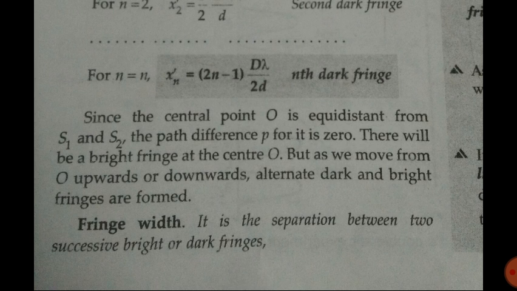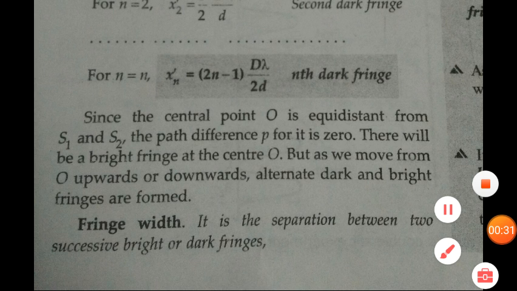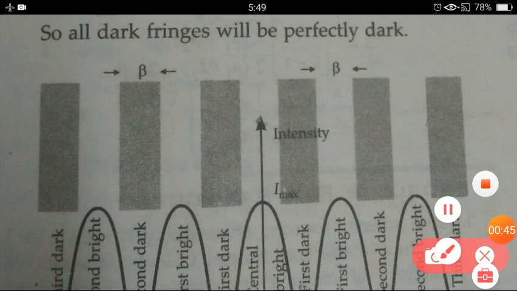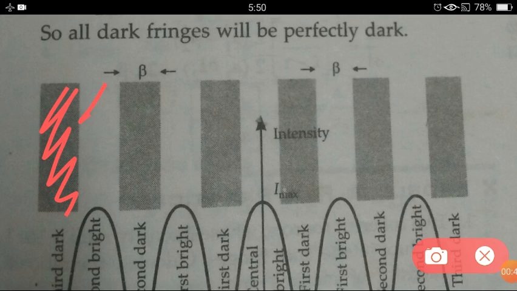Let me explain with the help of a diagram, then it will be more clear. Here in front of you can see some fringes, bright fringes and dark fringes. These are the dark fringes and these are the bright fringes.